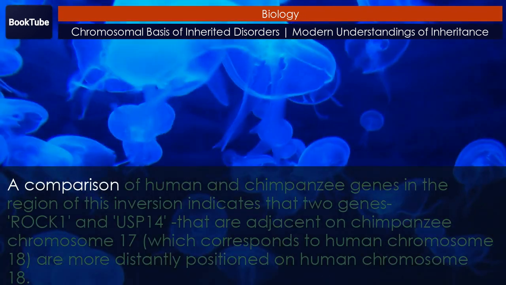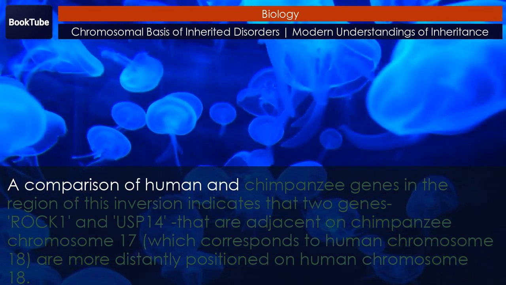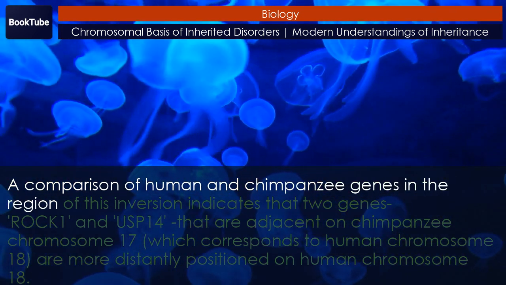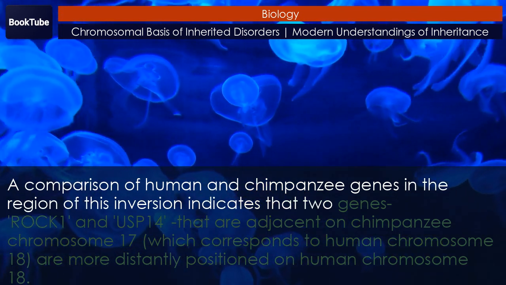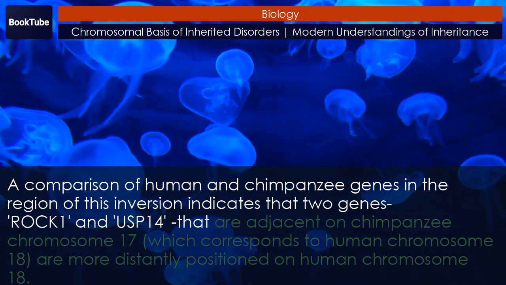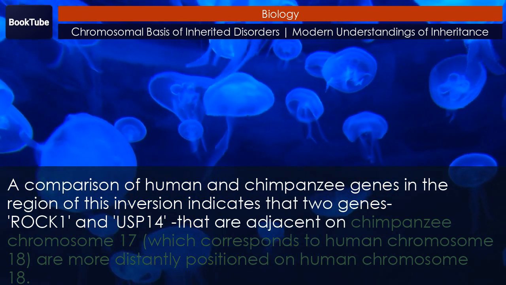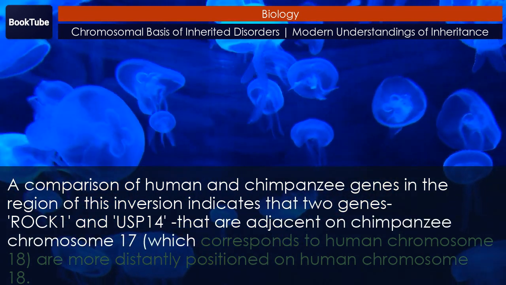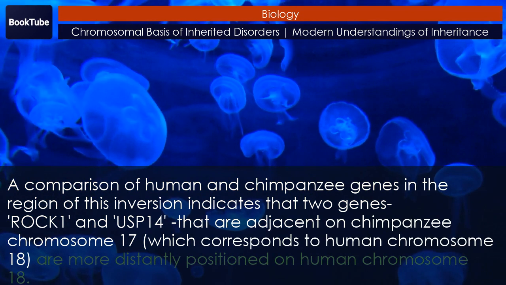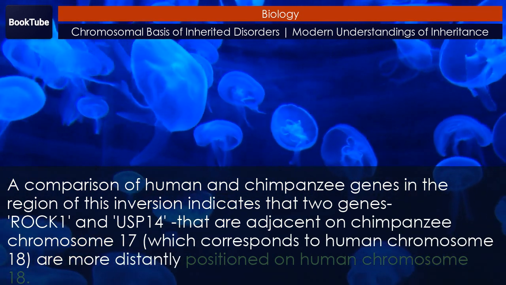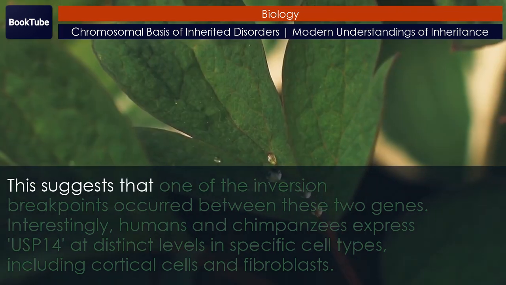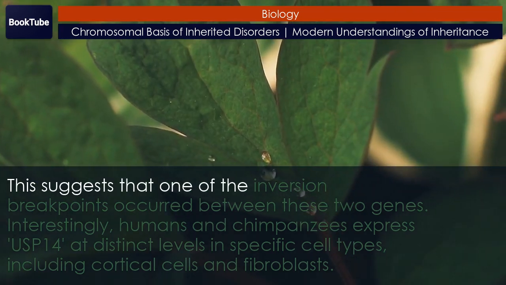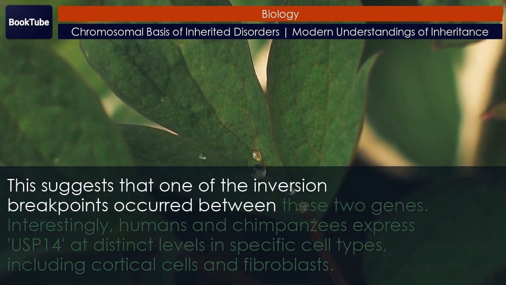A comparison of human and chimpanzee genes in the region of this inversion indicates that two genes, ROCK1 and USP14, that are adjacent on chimpanzee chromosome 17, which corresponds to human chromosome 18, are more distantly positioned on human chromosome 18. This suggests that one of the inversion breakpoints occurred between these two genes.